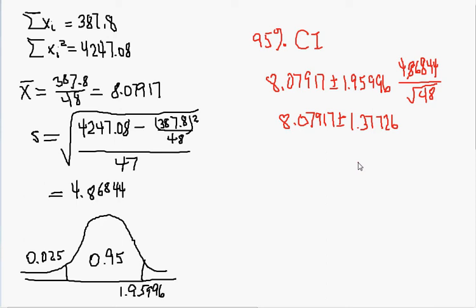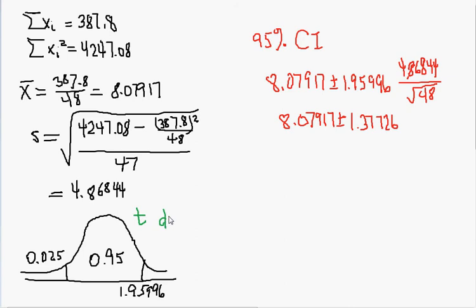It also can be done using the t-distribution. It's never wrong to use the t-distribution if you're given the sample standard deviation. Then what we have is the sample standard deviation, not the population standard deviation. So let me do this now a second way, assuming that this is a t-distribution.